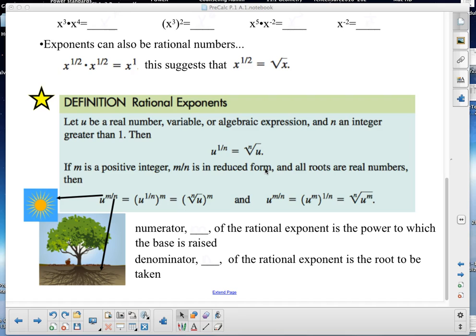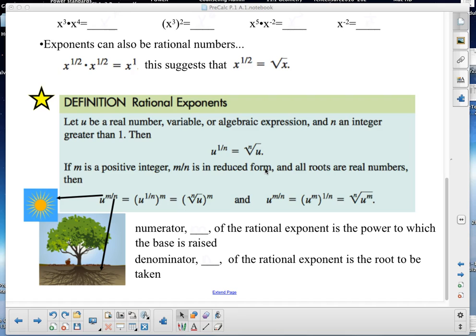If n is a positive integer, m over n is in reduced form, and all roots are real numbers, then u raised to the m/nth power equals the quantity u raised to the 1/nth power to the m power, which is equal to the nth root of u raised to the mth power.